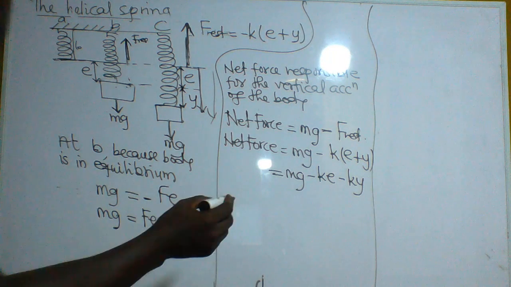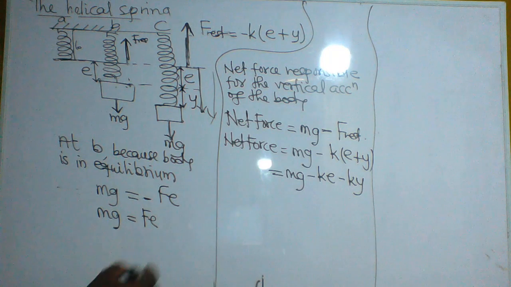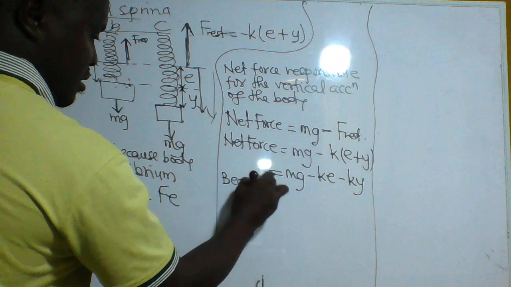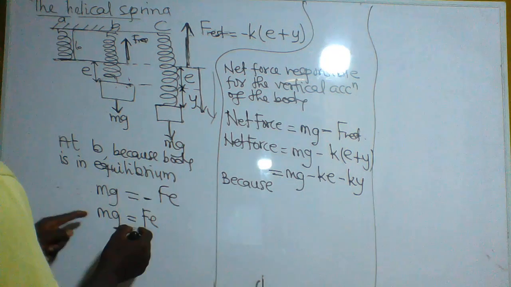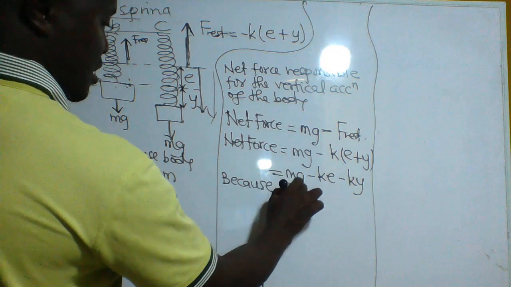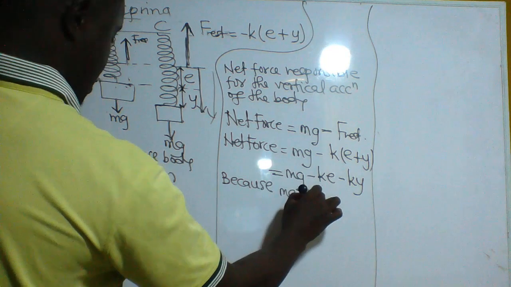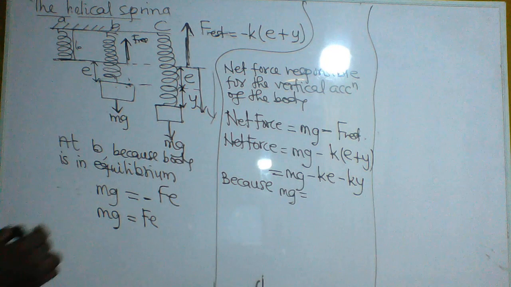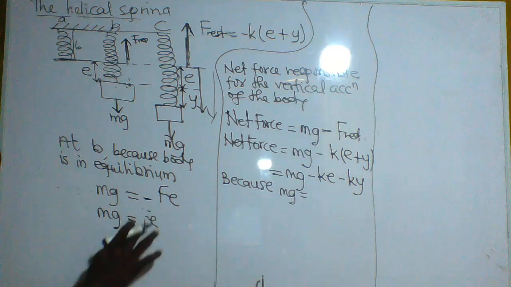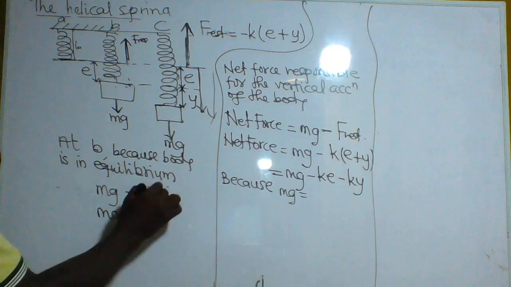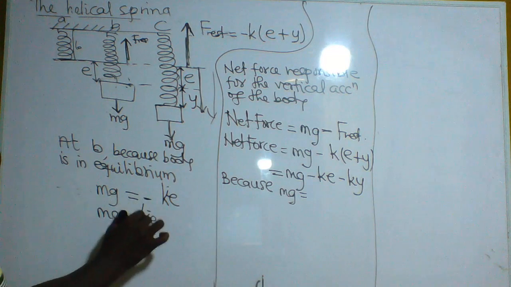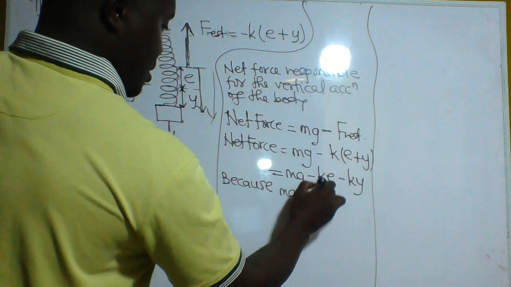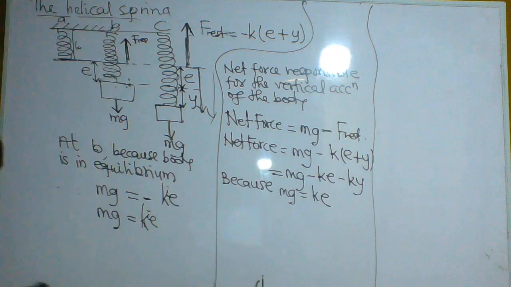When we multiply through by the minus. Now because mg is equal to, sorry, this should be k, not f, is equal to ke by magnitude.